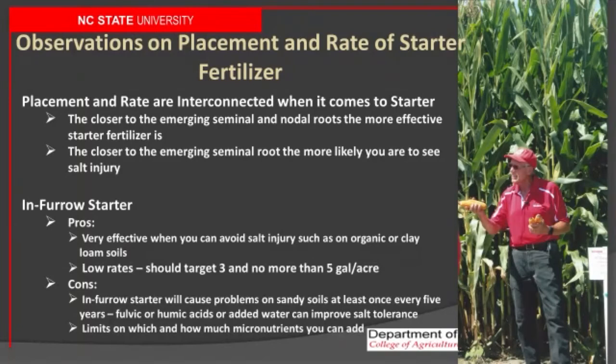I can guarantee I will get by on a coastal plain sandy soil 4 out of 5 years, and then the fifth year will come and bite me something terribly. I don't know what it is. It's obviously the environment, the amount of water in the soil, how that fertilizer gets taken up by those early seminal roots. But every once in 5 years, so I have come to dread having to talk to growers about an in-furrow application on a sandy soil, because I'd love to recommend it.